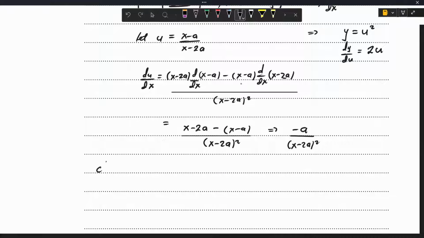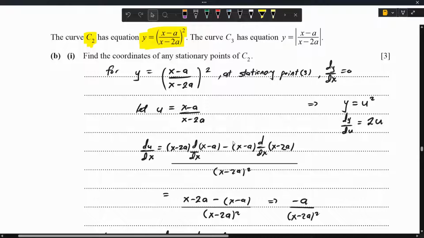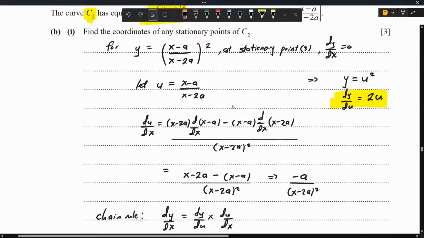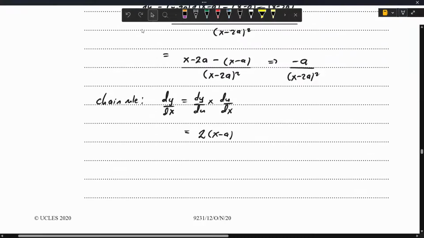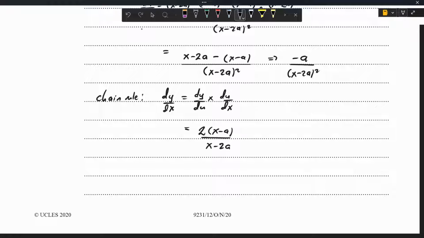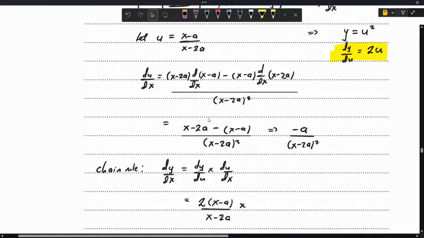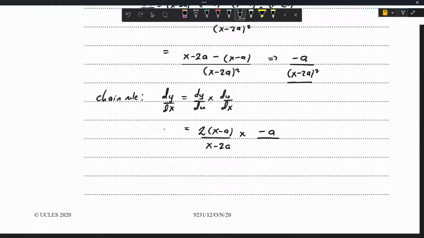So applying the chain rule, we can say that dy by dx is equal to dy by du times du by dx, where dy by du is what we got right here to be 2u. So it's essentially 2 of u, and u is this x minus a over x minus 2a, and that's times du by dx. Okay, du by dx is what we just got right here, which is minus a over x minus 2a squared.